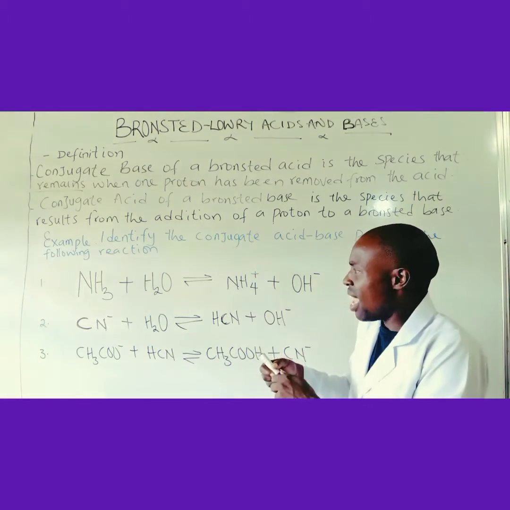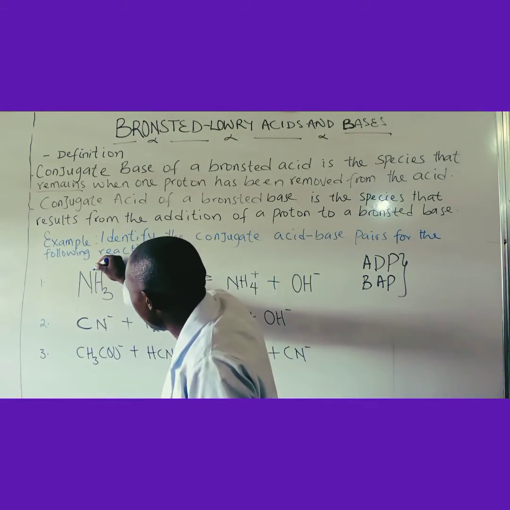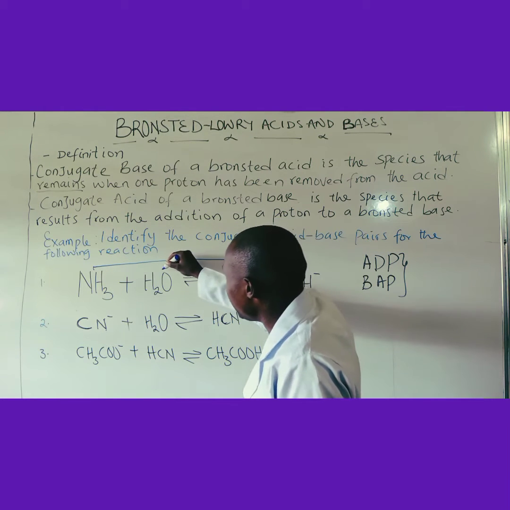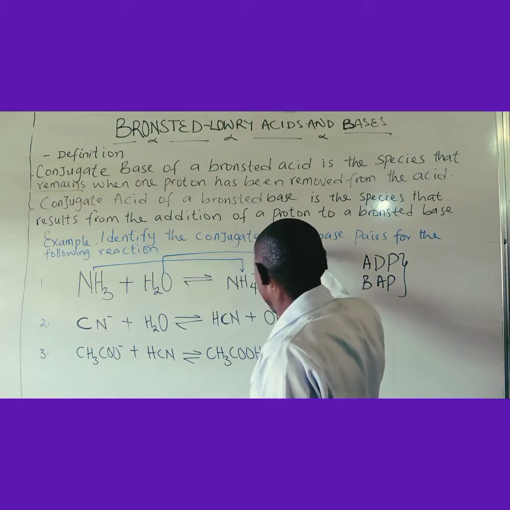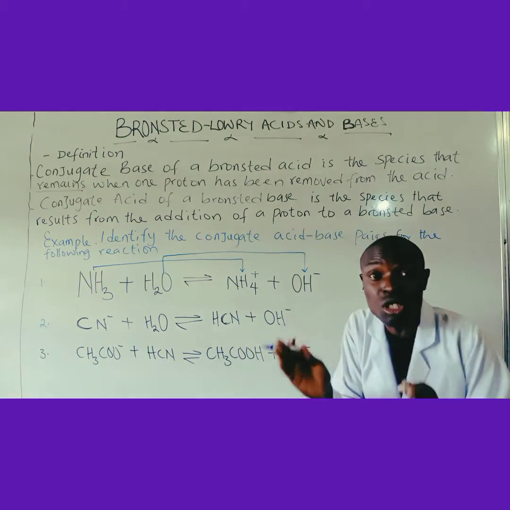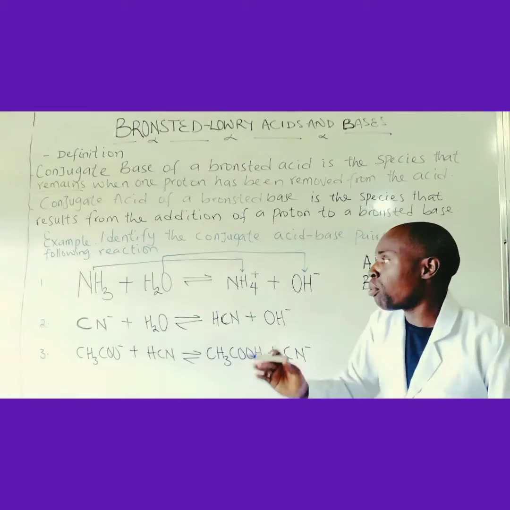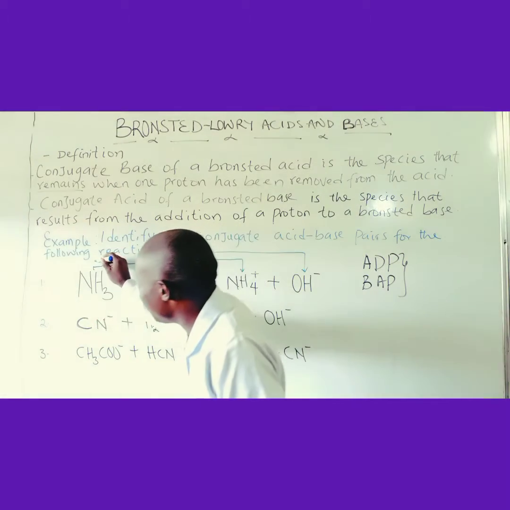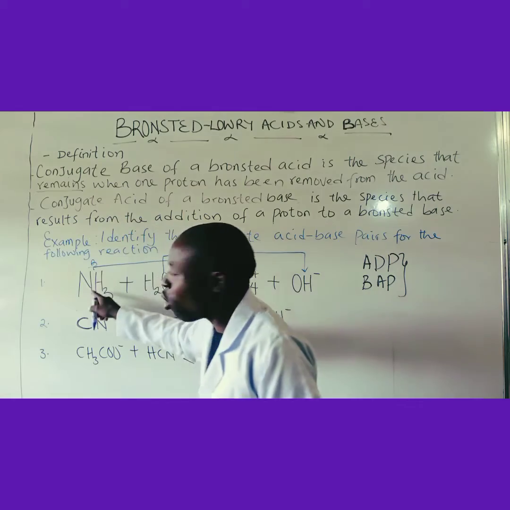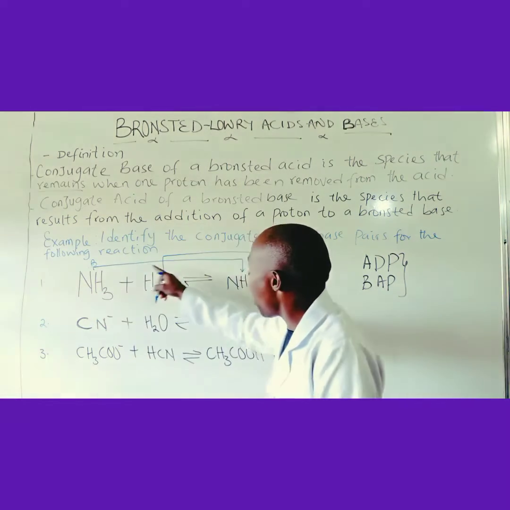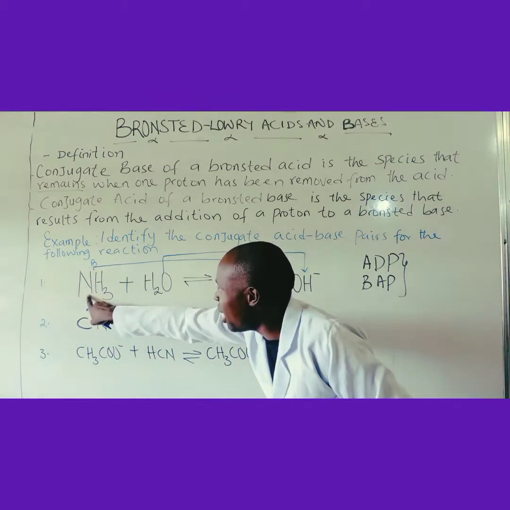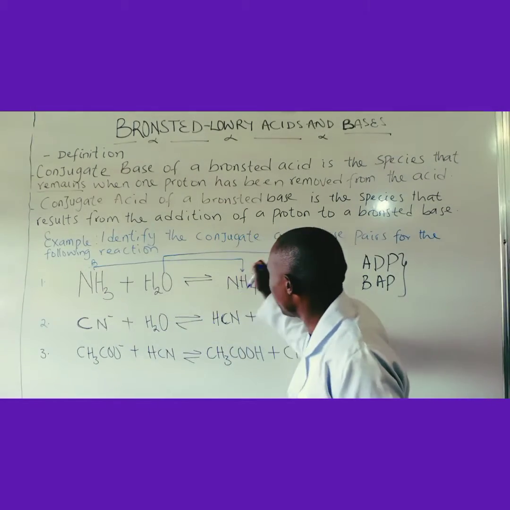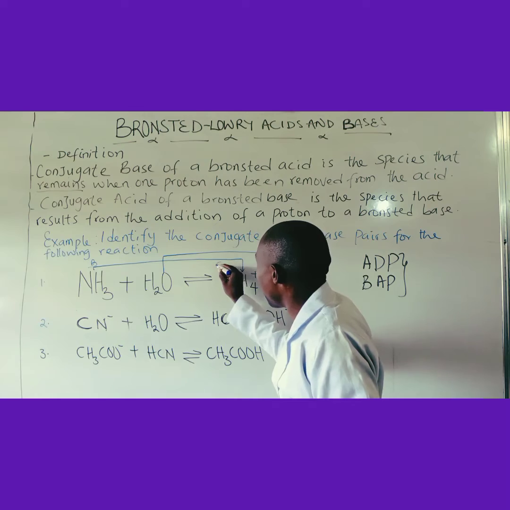So we can link it from here straight down to here. It's simple logic. I'm trying to make it so simple. From the base, we'll get our conjugate what now? Acid.